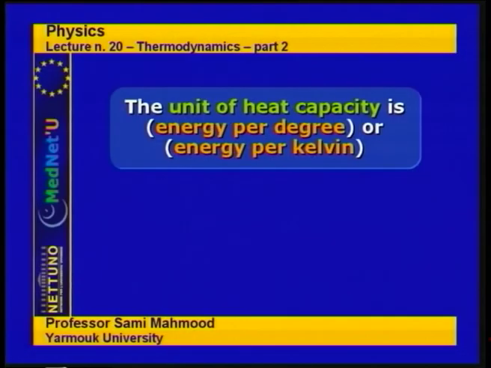The units of heat capacity, as given by the formula, are simply energy per degree, because Q has units of energy and delta T has units of degree or Kelvin.